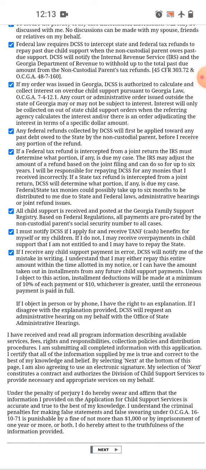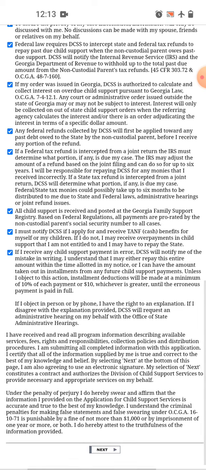Okay, let's see. By selecting next at the bottom of this page, I am also agreeing to use an electronic signature. My selection of next constitutes a contract and authorizes the Division of Child Support Services to provide necessary and appropriate services on my behalf.